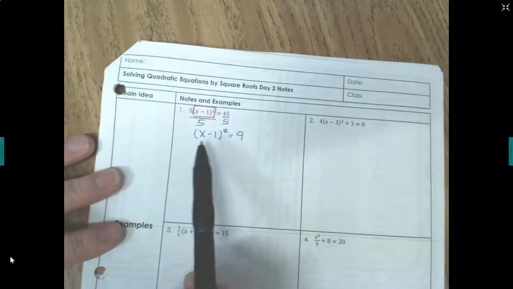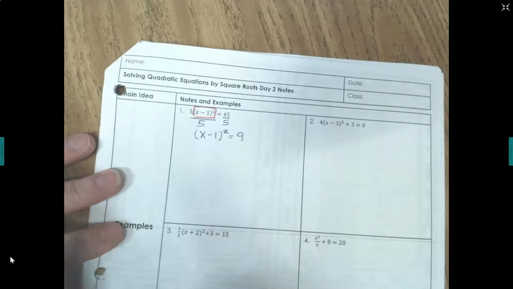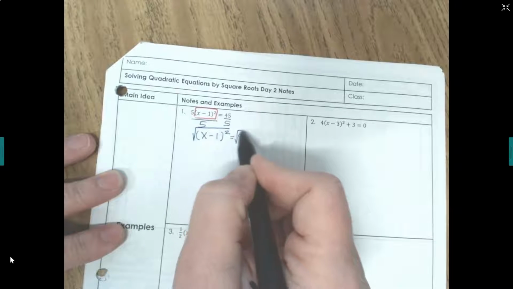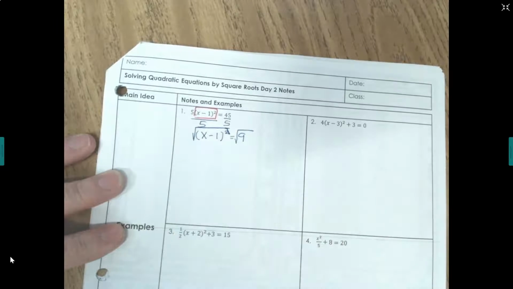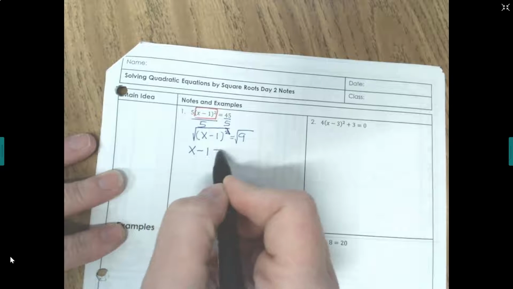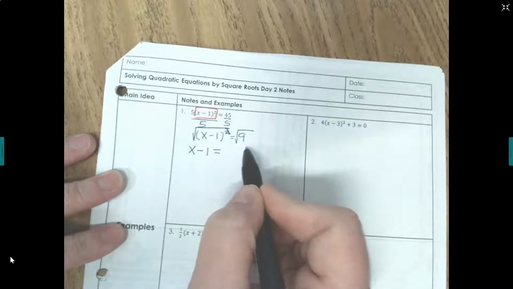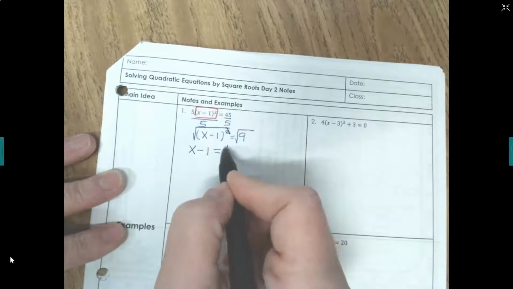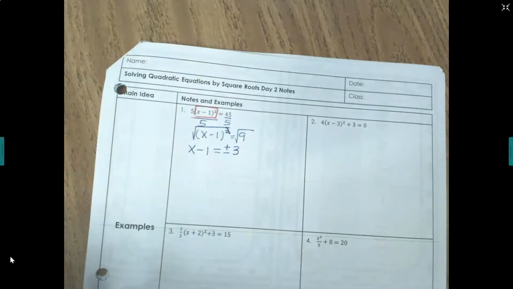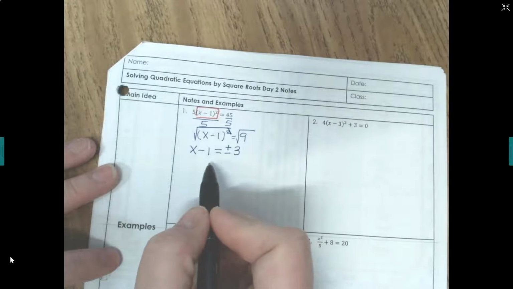Now, this entire expression is being squared. So when we square root both sides, the square root will cancel that squaring, but we have all of x minus 1 equals, and remember when we take the square root here, this is plus or minus 3 because both would make the statement true. So when we go to solve this, we have a little bit more of a complication here.